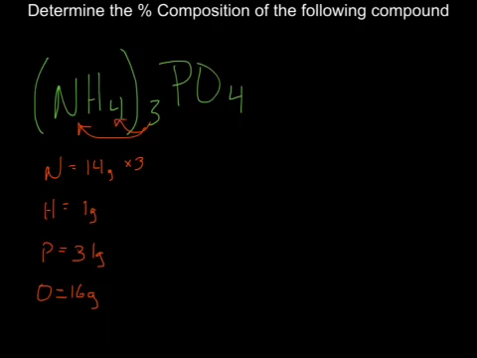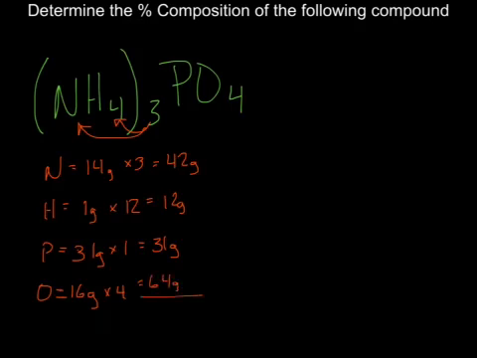Hydrogen, we already have 4 of them, but times 3 is 12 hydrogen. Phosphorus, awesome, times 1. Oxygen, times 4. So we end up getting 42 grams of nitrogen, 12 grams of hydrogen, 31 grams phosphorus, and 64 grams of oxygen. Add all of those up, and you end up getting 149 grams for the molar mass of this compound.